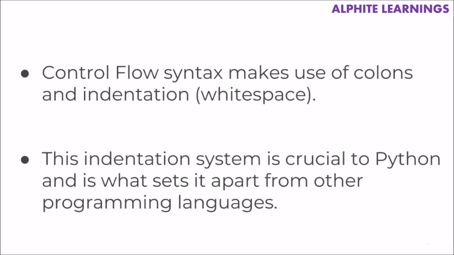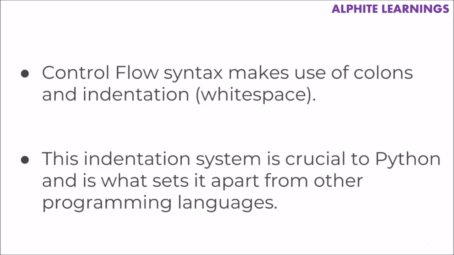Control flow syntax makes use of colons and indentation, which is nothing but white space or blank space, right? The indentation system is crucial to Python, as we discussed before. Even a blank white space matters in the Python environment.